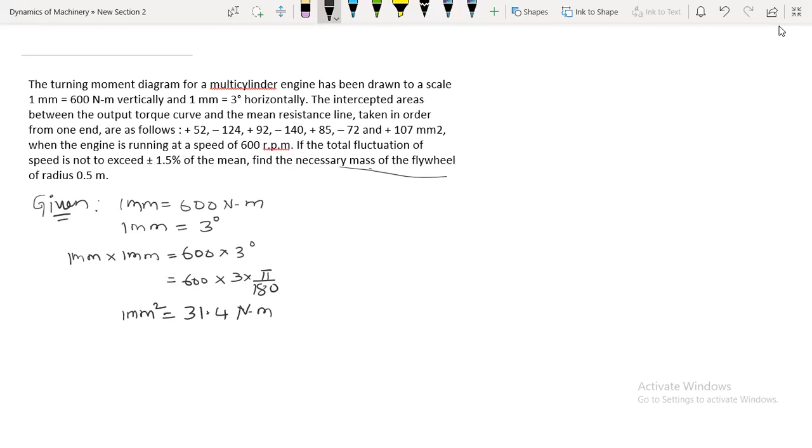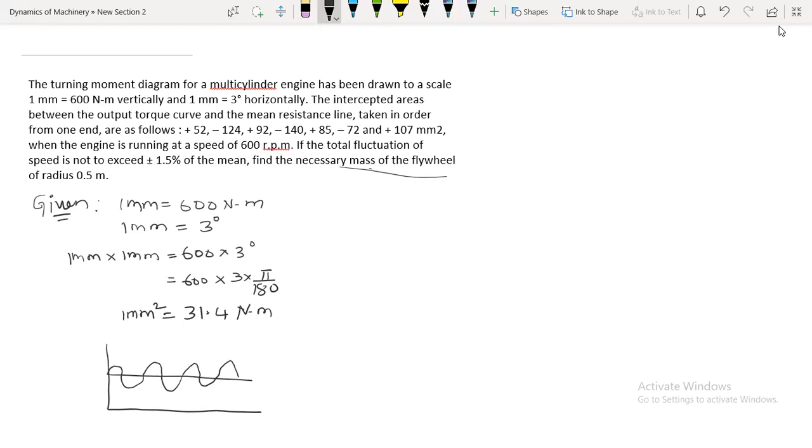Before finding it, let us draw the turning moment diagram as per this given data. First it is plus 452, then minus 24, plus 92, minus 140, plus 85, minus 72, and plus 107.